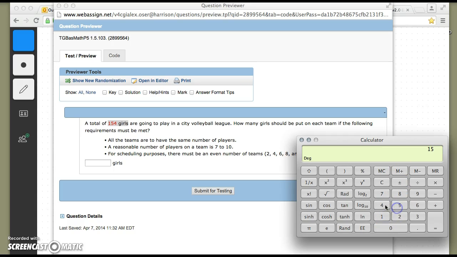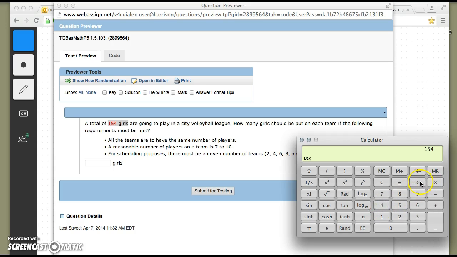So let's try 154 divided by 11. If we divide them into 11 teams, there are going to be 14 players per team. It says the reasonable number of players on a team is 7 to 10, so 14 players would be too many. We're going to have to try something different.